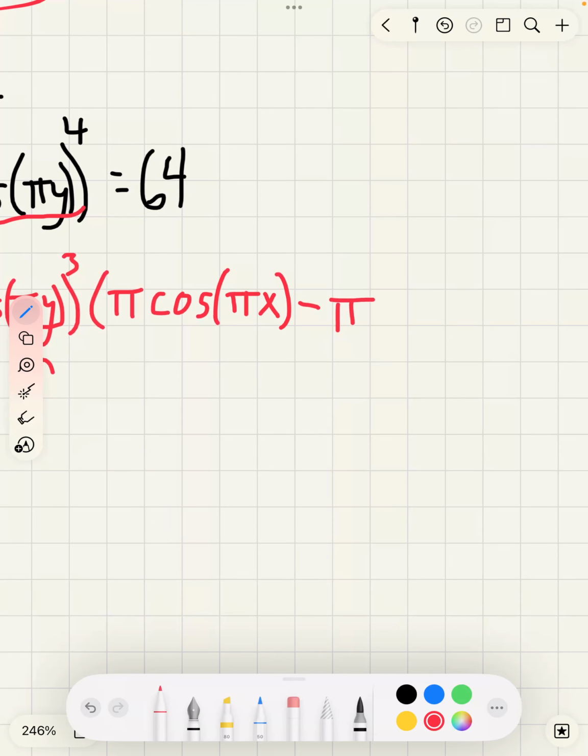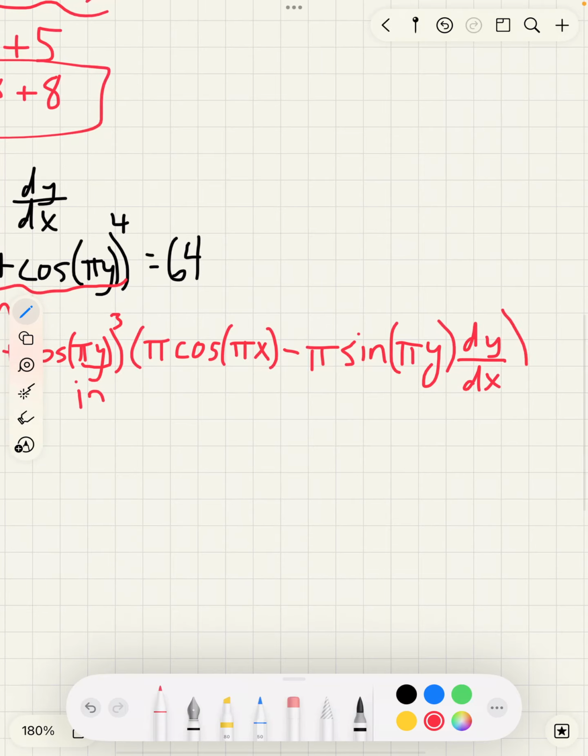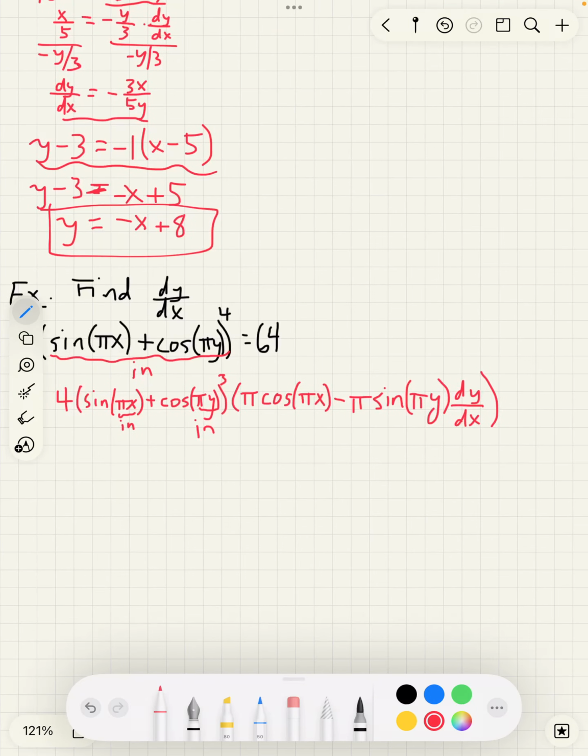But in addition to that, pi is not the only part of the derivative of that inside. That inside also had a y in it, which means that we also have to multiply by dy dx. Okay, so this is where we are with the derivative of the left-hand side.